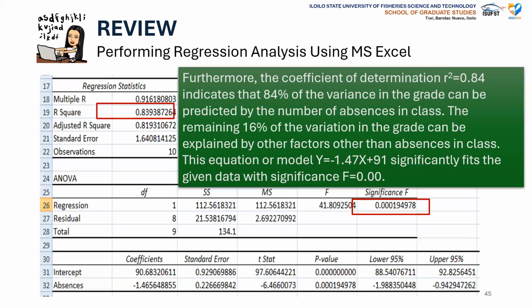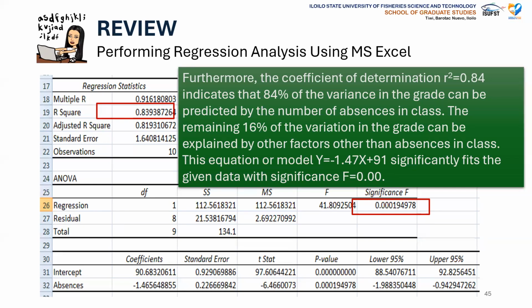So how come it's 16%? Anyone? Where did the 16% come from? 100% minus 84%, sir. Very good. Correct. Thank you, ma'am. So 100% minus 84% is 16%.